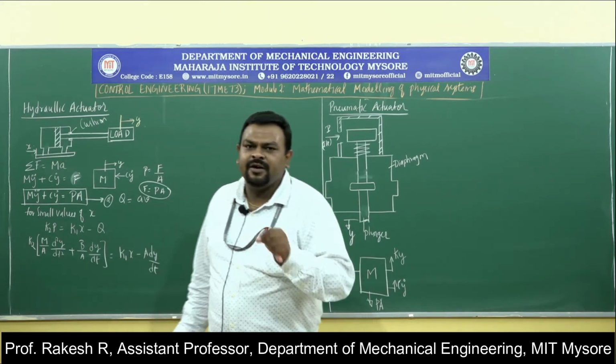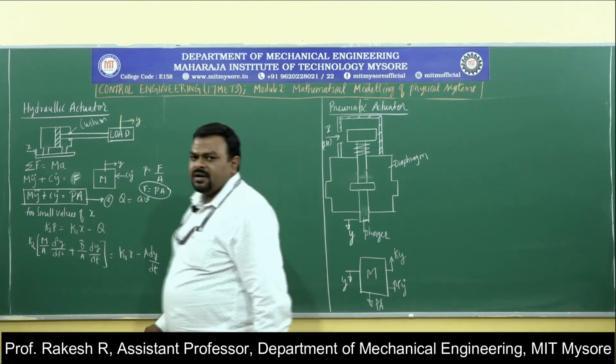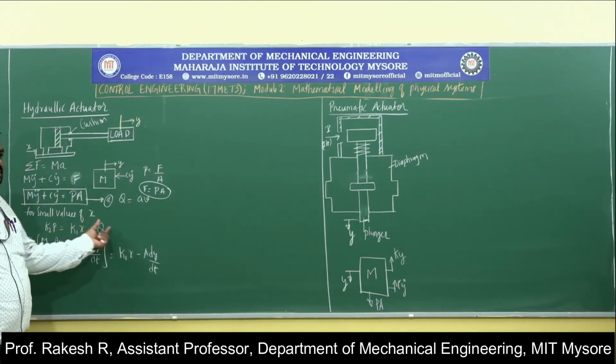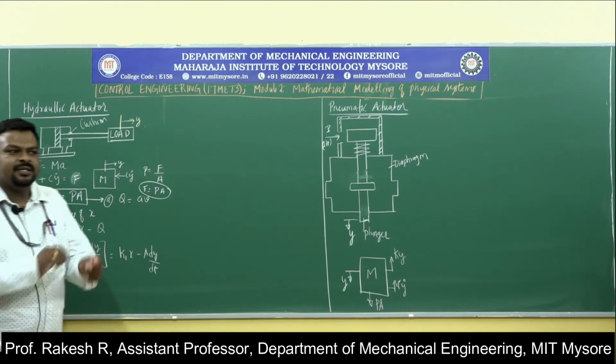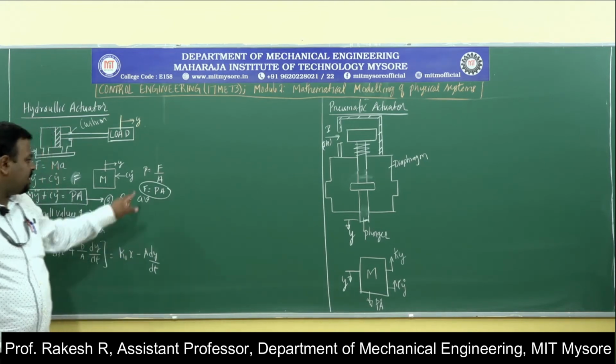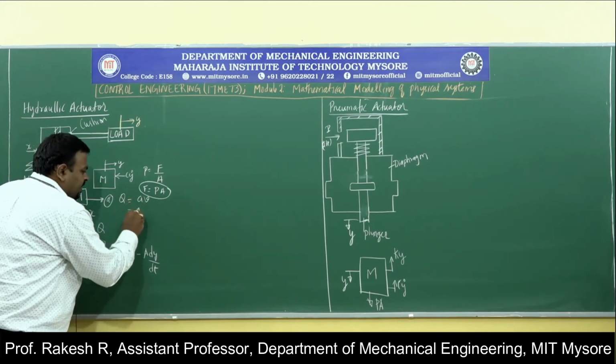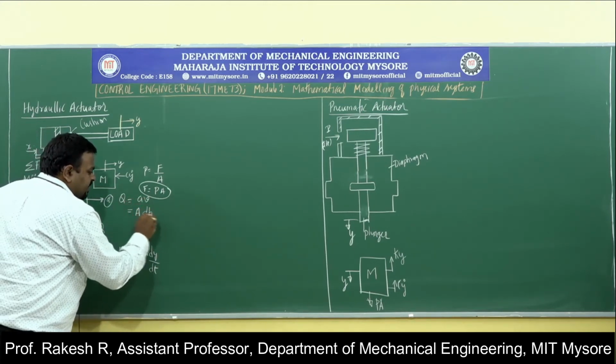K1 and K2 are proportionality constants, and the value of pressure will be X minus Q: how much it is displaced minus the total discharge. What is that Q? Q will be equal to A into V, area times velocity, which is dH by dt.